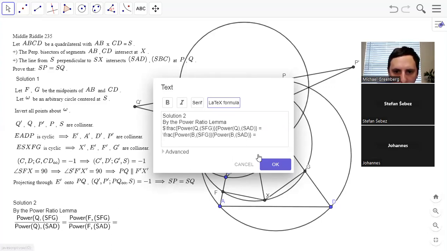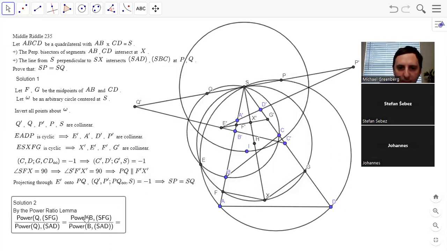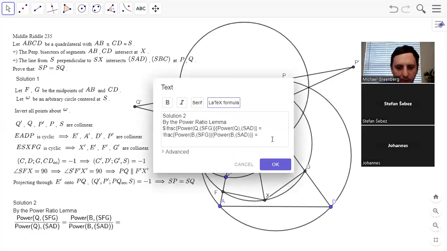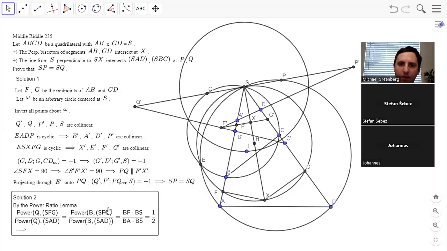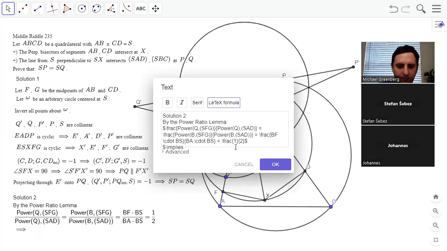And did I do all my parentheses right? I think I need another one here. And that would be BF times BS over BA times BS. Equal to, that would be a half. And that implies QS times QP over QS squared equals a half.